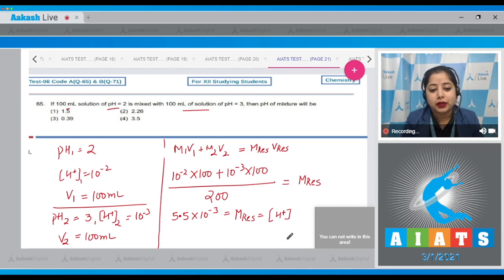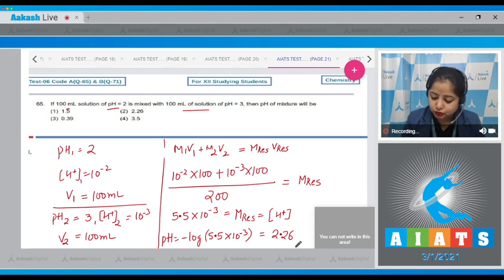Student, you have to multiply and divide the entire thing here. I have already calculated. So let's calculate pH. pH is equal to minus log concentration of H⁺ ion. So minus log of 5.5 into 10 raised to the power minus 3 is equal to 2.26. That means the correct answer is option number 2.